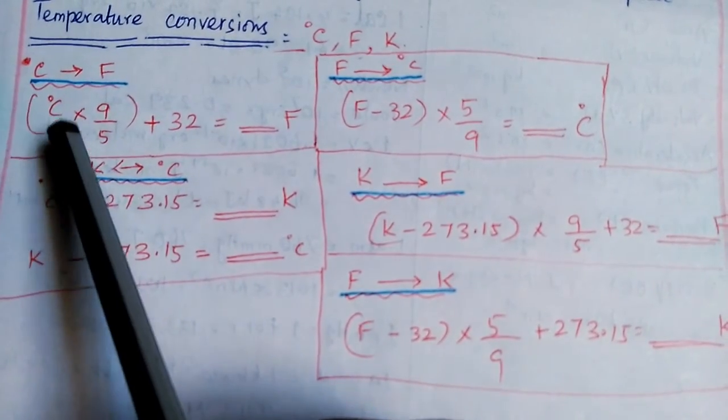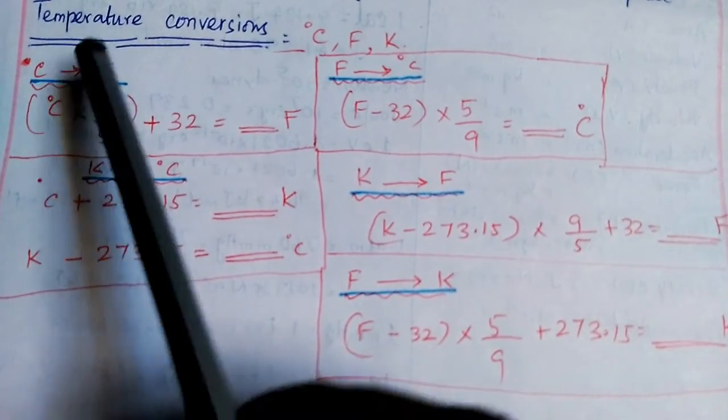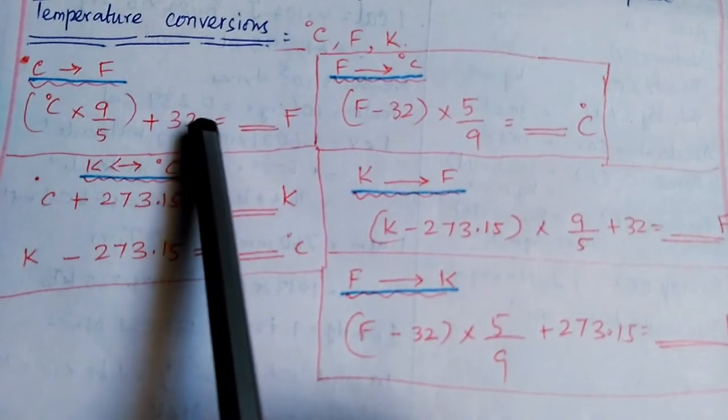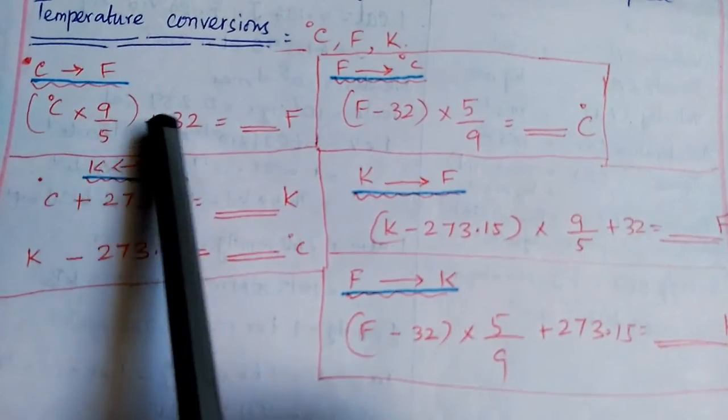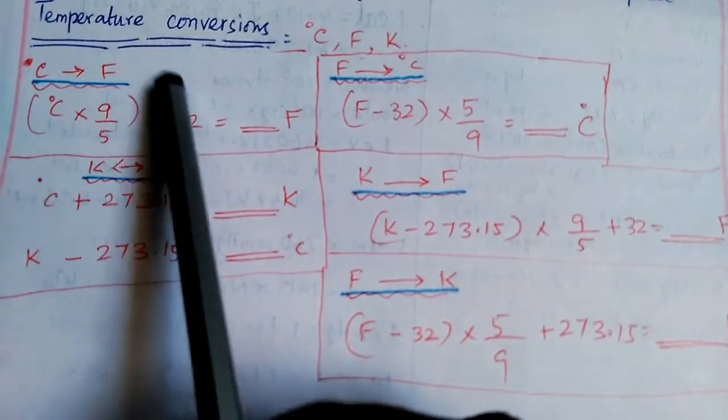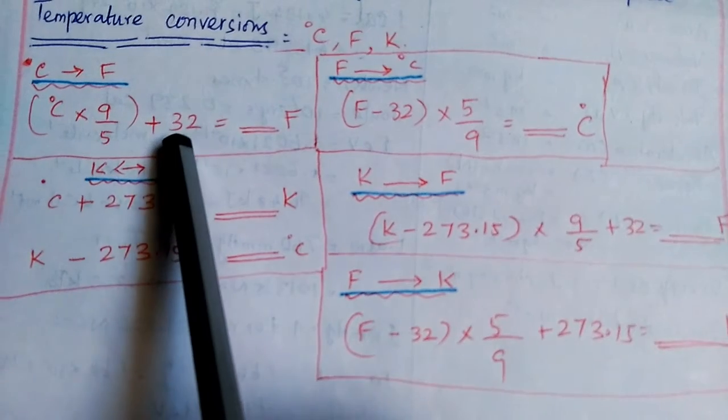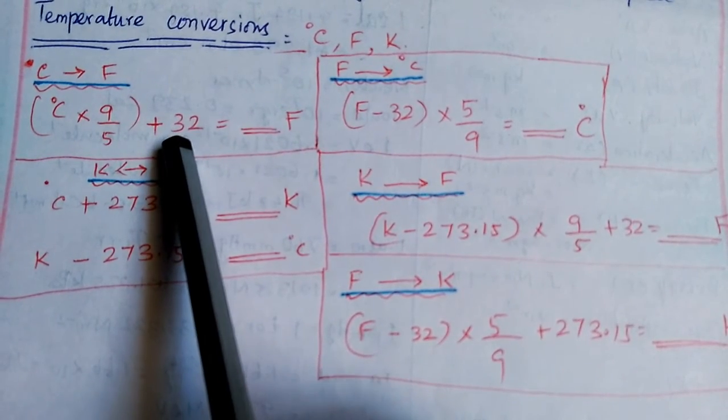So within the bracket the value should be simplified, then that should be added with 32 to get the Fahrenheit value. Without simplifying the values within the bracket, we should not go into adding 32.